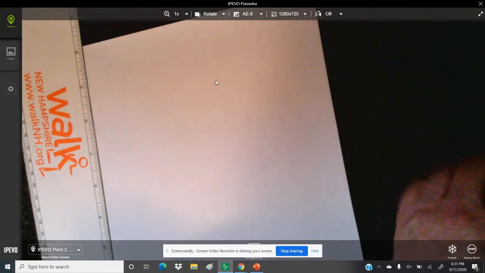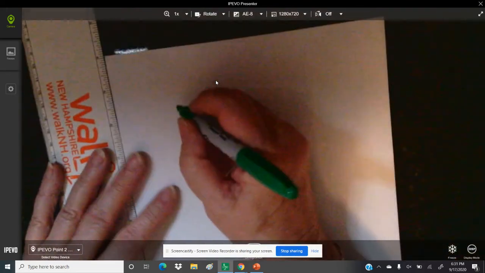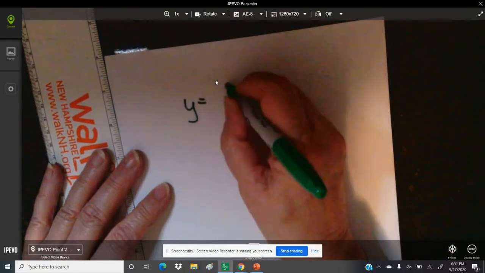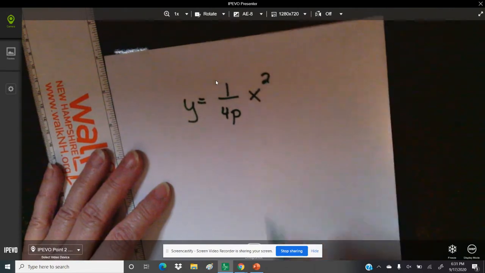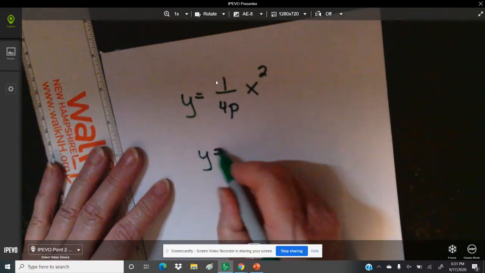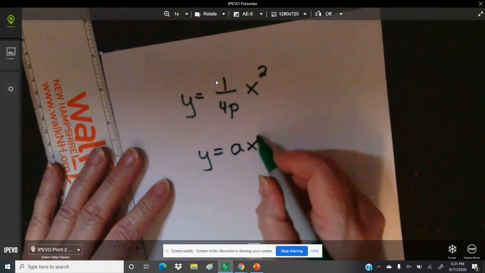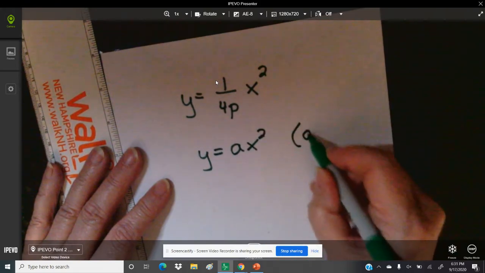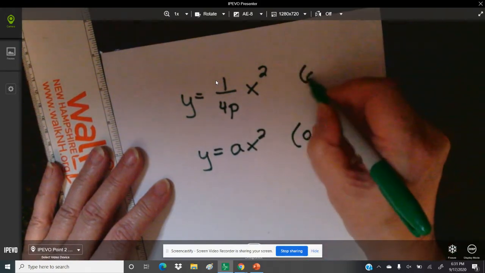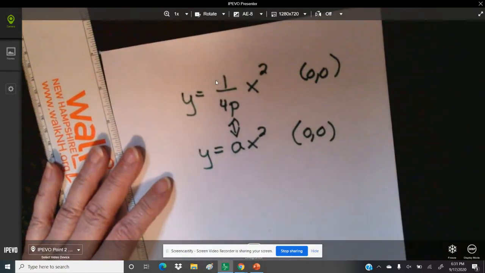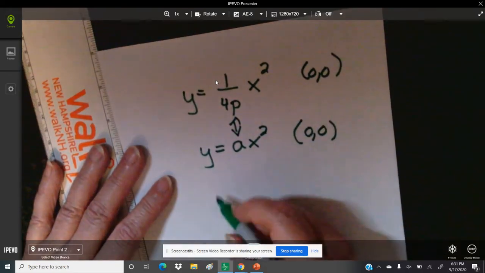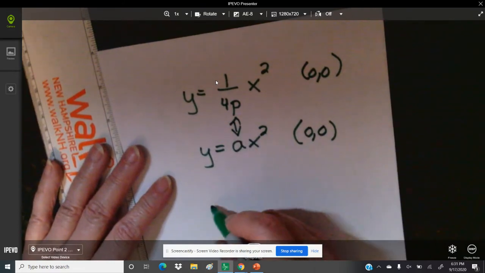And from that, if you did go ahead and finish this worksheet and derive the formula, you end up with the equation y equals 1 over 4p x squared, which you can see is very similar to the equation ax squared. You know that the vertex would be at 0, 0 in both, right? And so you can see that this a value is also equal to 1 over 4p. So you could use that in order to determine your a value.